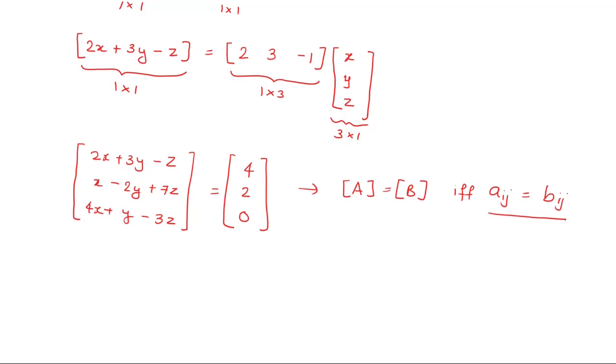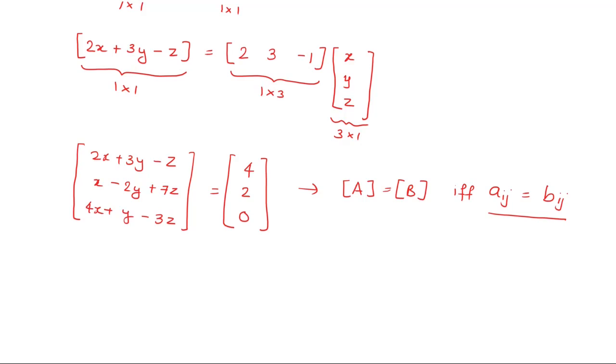Second component is x minus 2y plus 7z is equal to 2. And third component, 4x plus y minus 3z is equal to 0. And we can return to our initial system of equations.